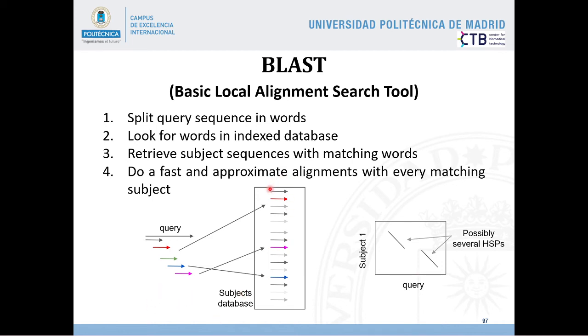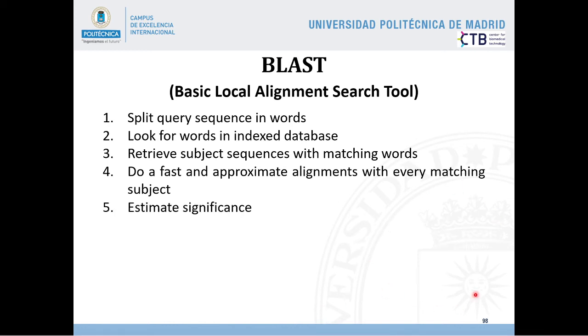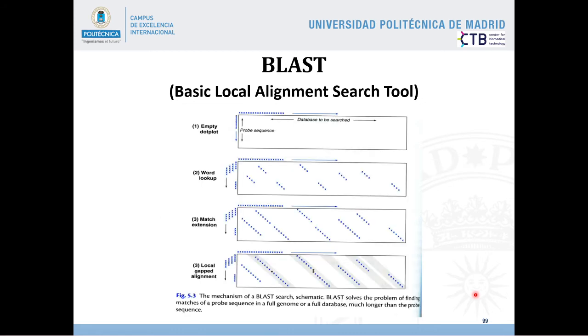Okay, as you can see, we have all of these subjects in the database. We just get those that can align, and then we study the different alignments, and finally we estimate the significance. You can see here another representation of what we would be doing, okay?